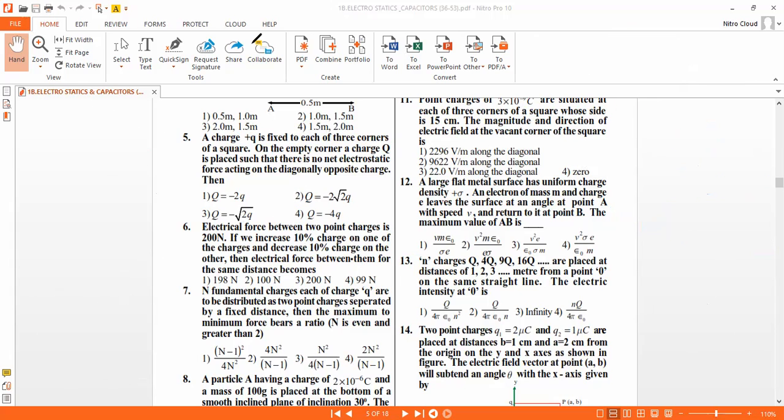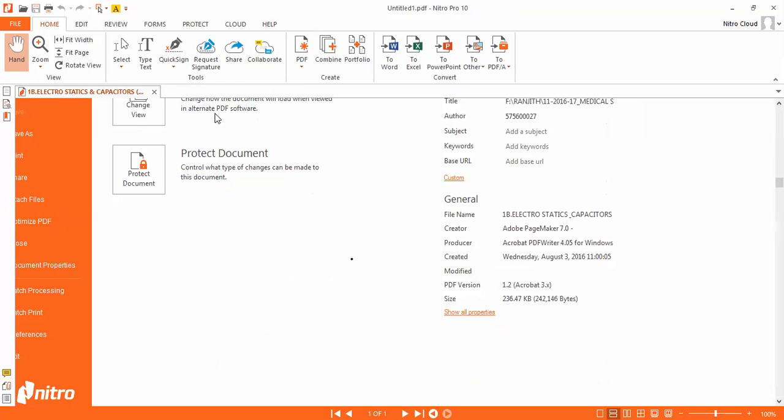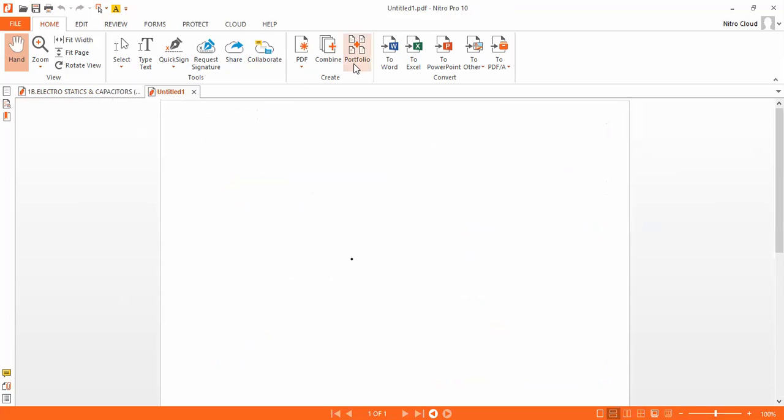See, initially we are having two charges, such that one of the charges is increased by 10%, another one decreased by 10%, for the same distance.